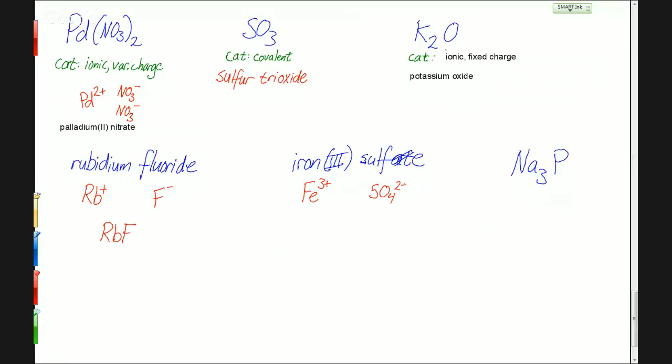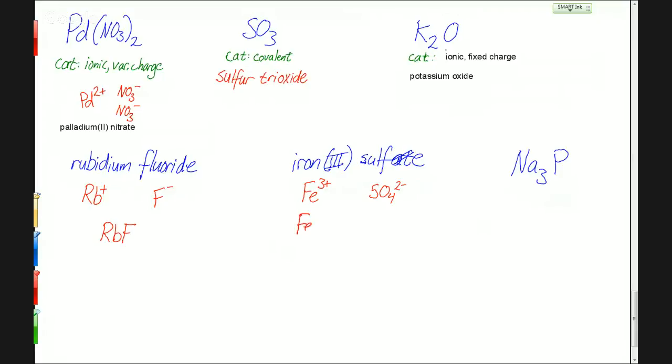Once you know those, we can try to match up the charges. This was a problem that we ran into on Tuesday also. We can't just change one of them because if you double the 3 plus, you get 6 plus and 2 minus. If you double the 2 minus, you get 4 minus and 3 plus, so they never get equal. So what do we have to do to fix that? Yeah, we need a common multiple where we change the numbers of each of them. So we're going to take 2 of the 3 plus and 3 of the 2 minus.